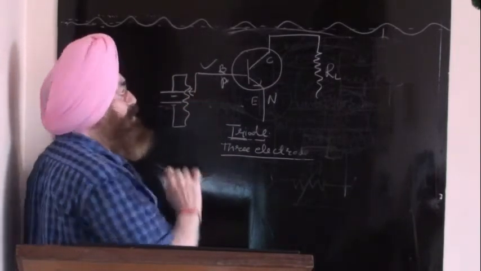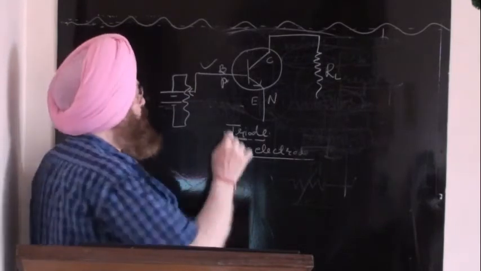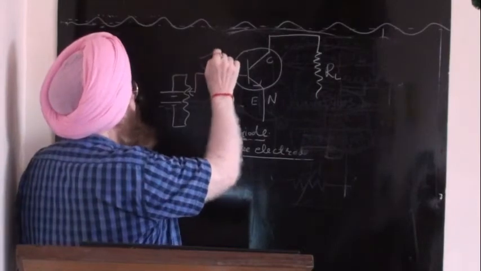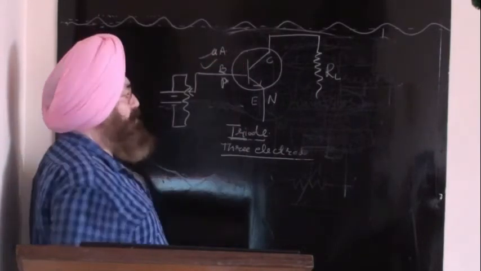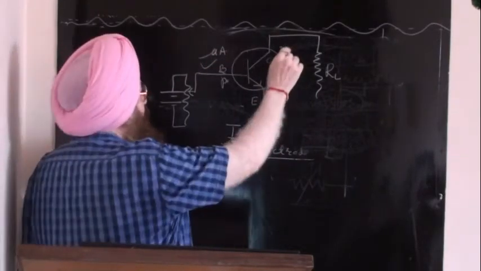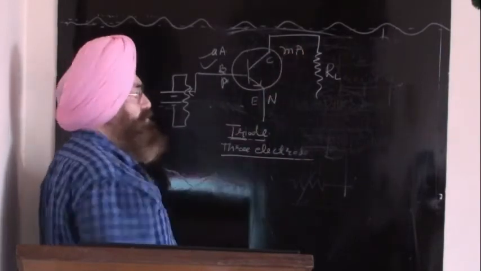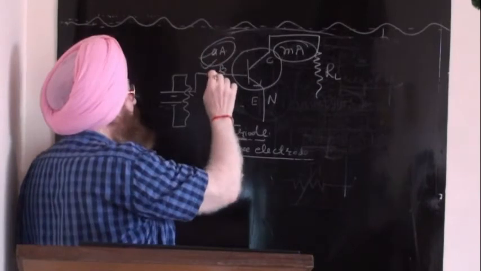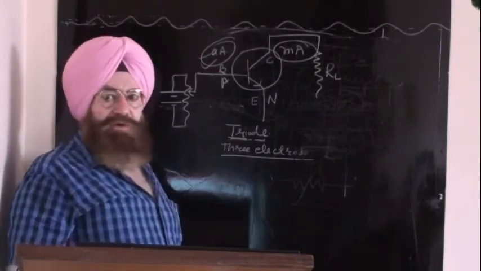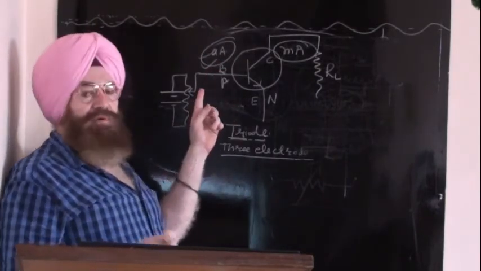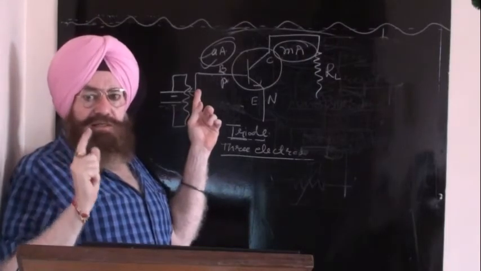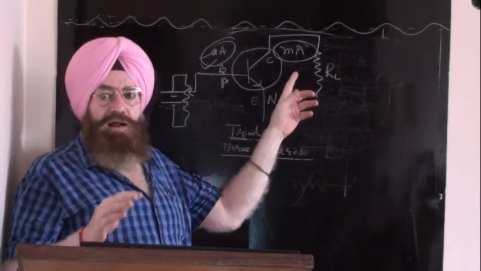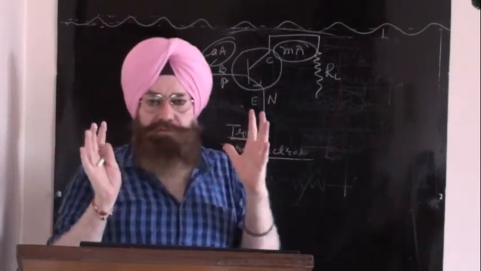With the help of the potentiometer, you adjust the current given to the base, and the base current is always in microamperes. The collector current is in milliamperes. That means this current is almost 1,000 times greater than the base current. So with a very small change in the base current, you can control a big load.